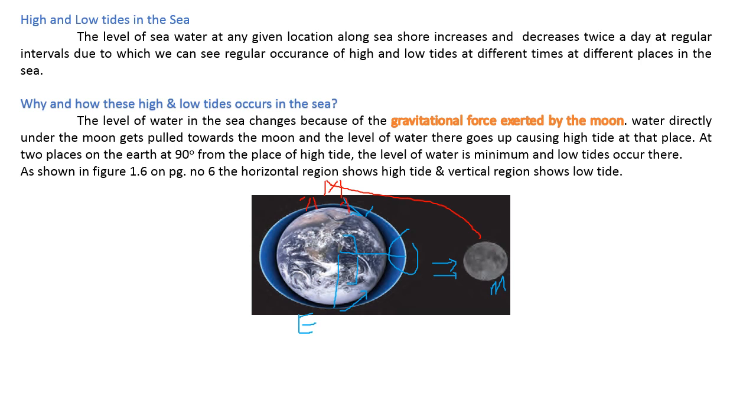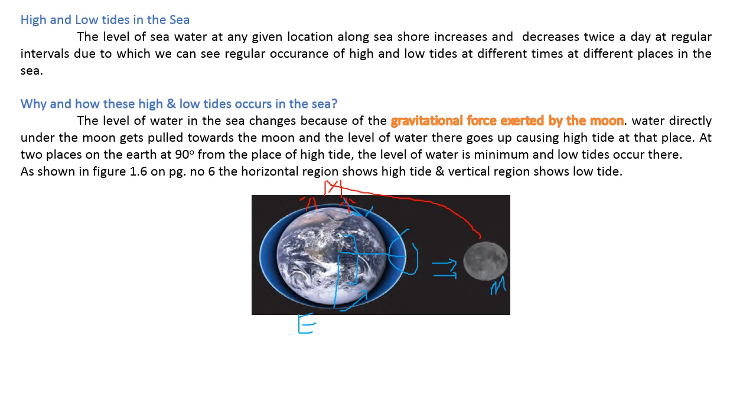Correct? Am I right? The water will be pulled up. So on this side and this side, above and down, the water level will be increasing, and left and right the water will be decreasing. So above and down there will be high tides, and on the left and right there will be low tides when the moon is on top of the earth.